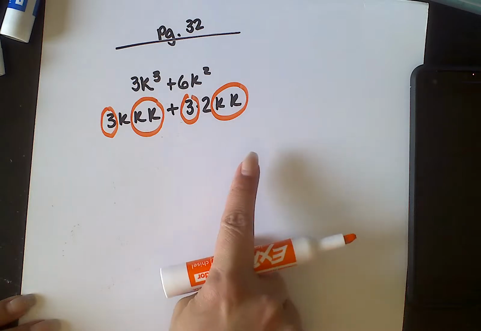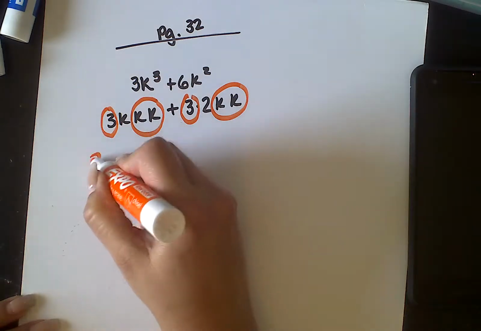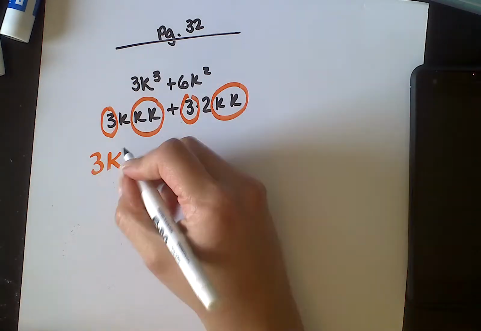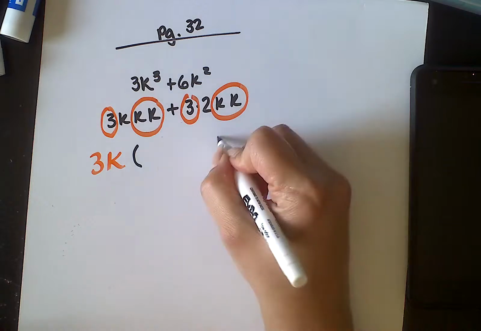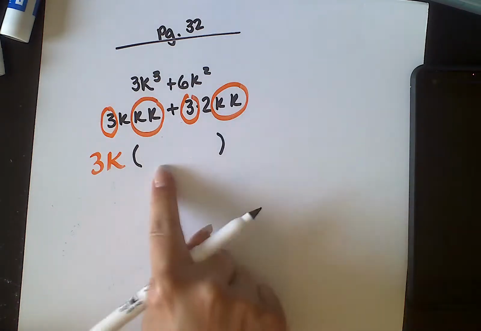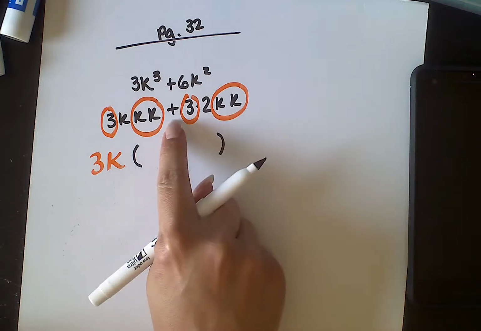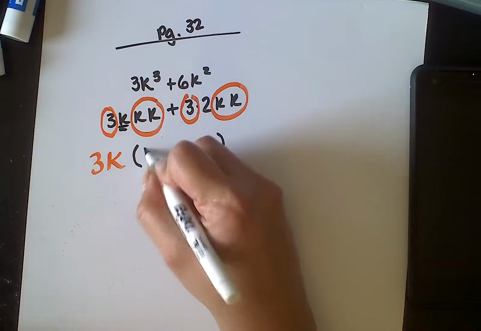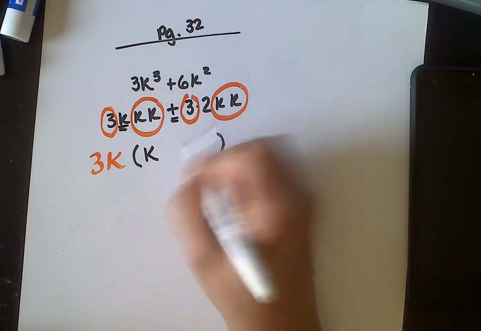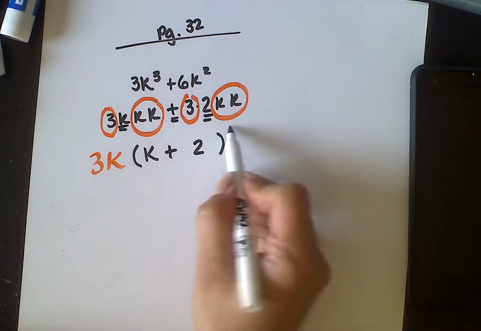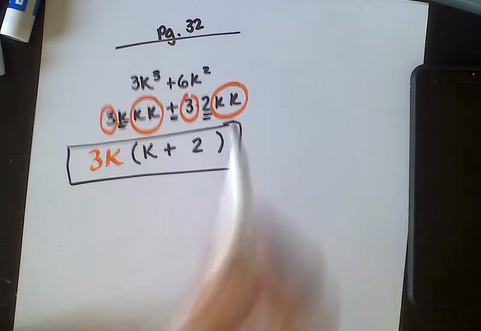So that means that my GCF is 3k. Now, to write it in factored form, that means that it should have a set of parentheses. Whatever is not highlighted goes inside the parentheses, including that plus sign. So that means I have k plus 2. This is my final answer.